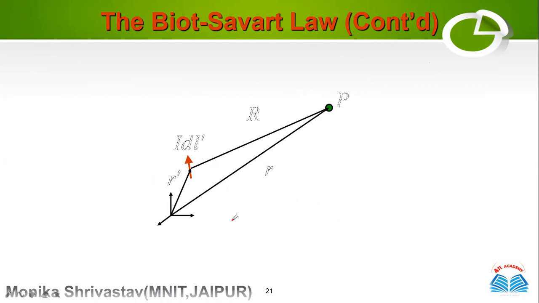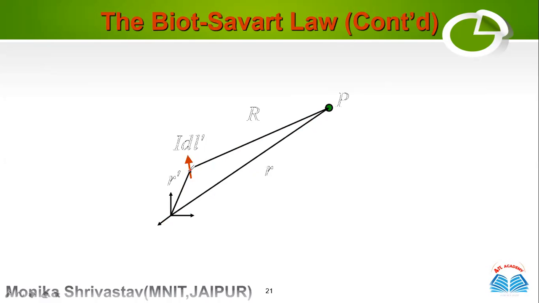So yeah, this is the diagrammatic representation. This is a point P situated at some distance capital R from one point of a wire and at some distance small r from another point of the wire. This is the wire, a current carrying wire, so it has some current in this direction.